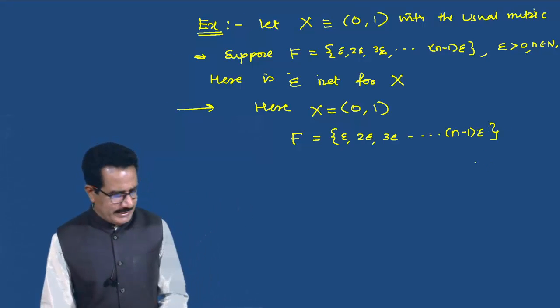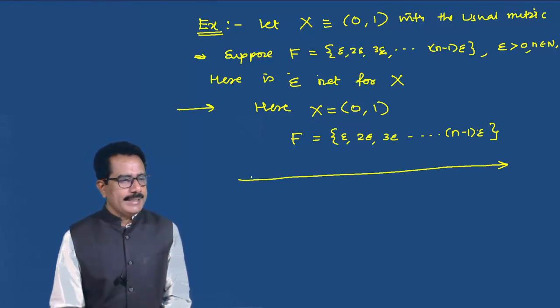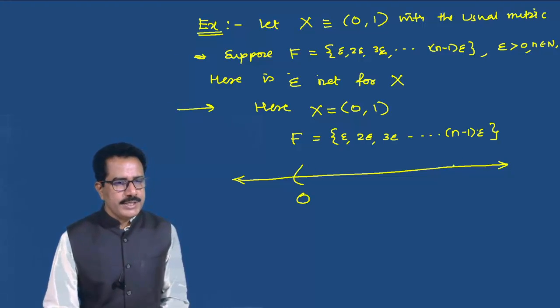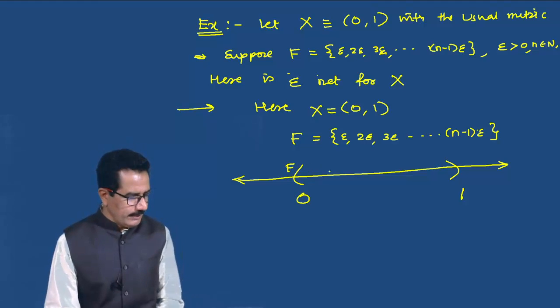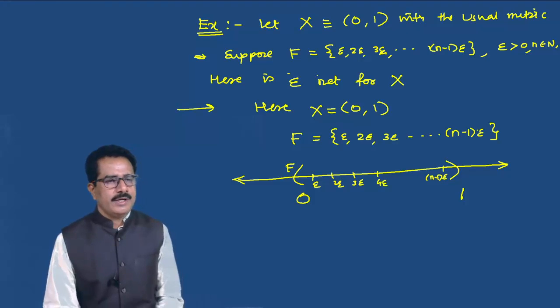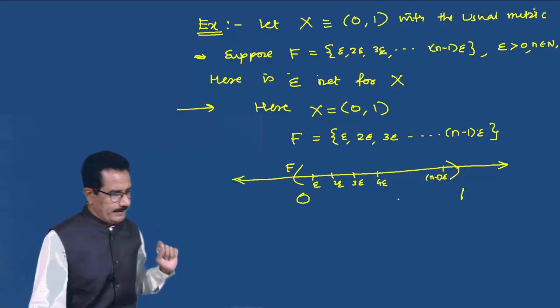Suppose this is a finite set, so we have to show that F is an epsilon net. This is 0, this is suppose 1, this set is denoted by F. Then we take the points epsilon, 2 epsilon, 3 epsilon, 4 epsilon, up to n minus 1 into epsilon. We shall consider this as n epsilon. This is the finite set.